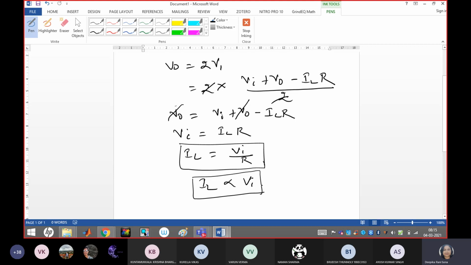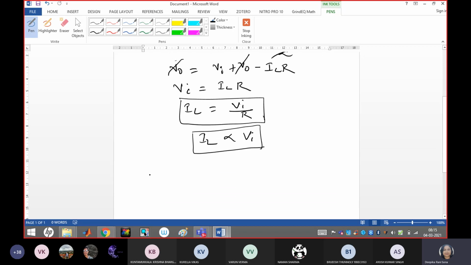So what are the applications where we are using this V to I converter? The low voltage DC voltmeter, the low voltage AC voltmeter, diode tester, match finder, Zener diode tester. In these circuits, we can use this V to I converter. Then the last topic for this section is the current to voltage converter.